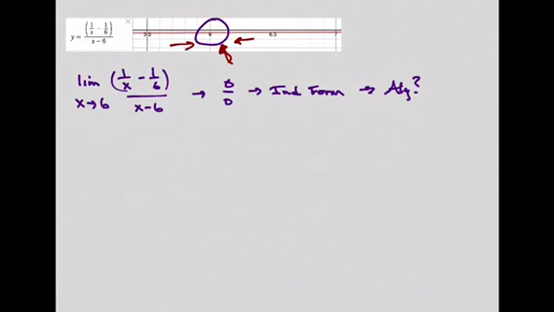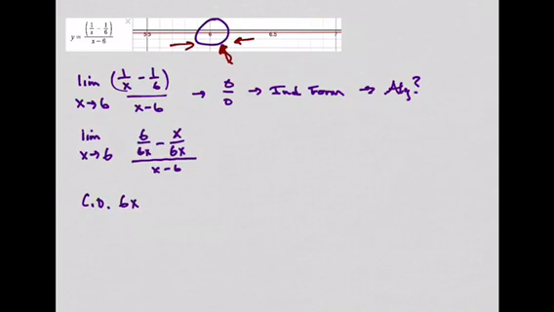Well, on the numerator, I have two fractions that want to be subtracted. So I'm going to make a common denominator with those, and the common denominator is going to be 6x. So I need to multiply the first one by 6 on both numerator and denominator, and I need to multiply the second term there by x. And my overall denominator is going to stay the same.